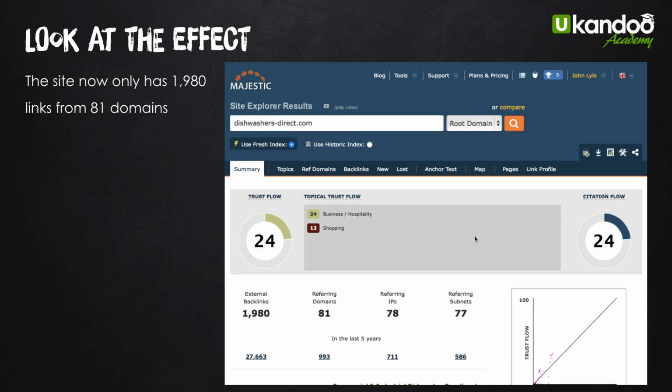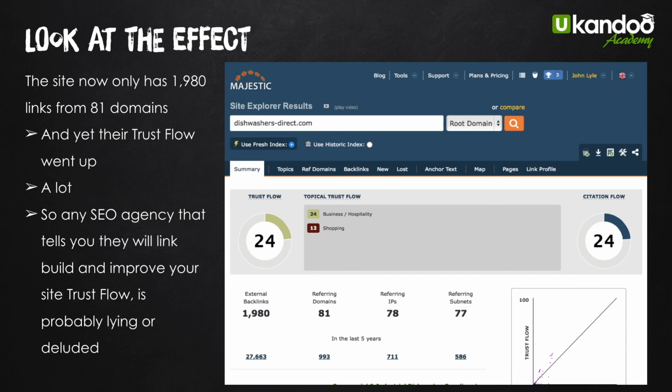The citation flow stayed the same, but the trust flow score has gone through the roof. It's now much more trusted because it's got fewer links. So their trust flow went up a lot by taking out links. That showed that all of the work their SEO agency had done in the previous 10 years had been a total waste. It hadn't at the time, it got them to the top, but the only way they were going to stay at the top was by Google removing all those links for them.